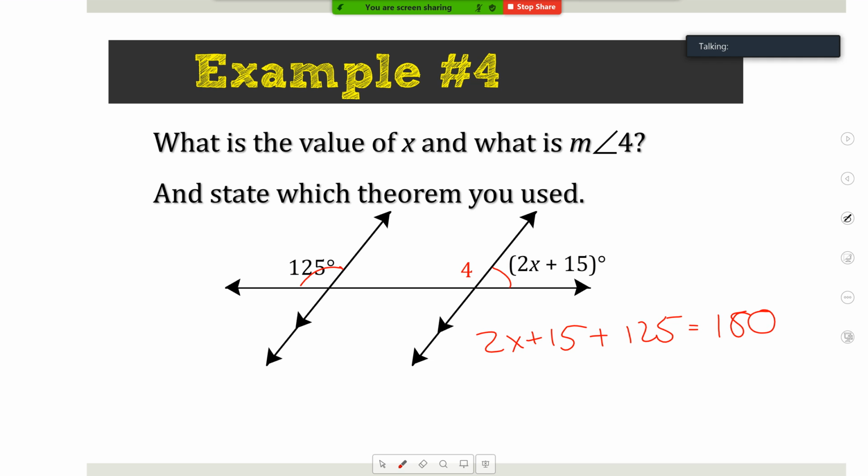Perfect. Let's see. 2x is equal to 40. So x equals, according to my math, 20.